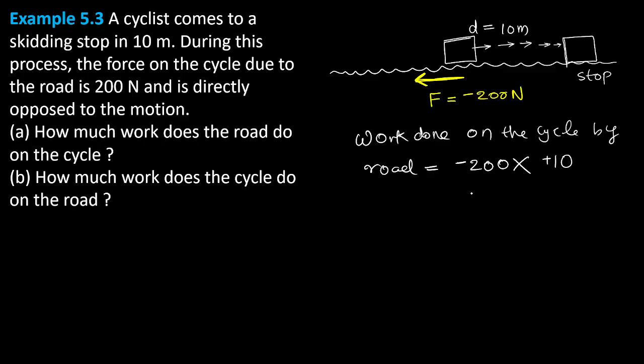So minus 200 into 10, minus 2000 joules of work done by the road on the cycle. The negative sign indicates that the work is done to stop. Understood? I mean, the negative sign indicates that the force is towards left. Negative sign of the work means that the force is in the opposite direction of the displacement.